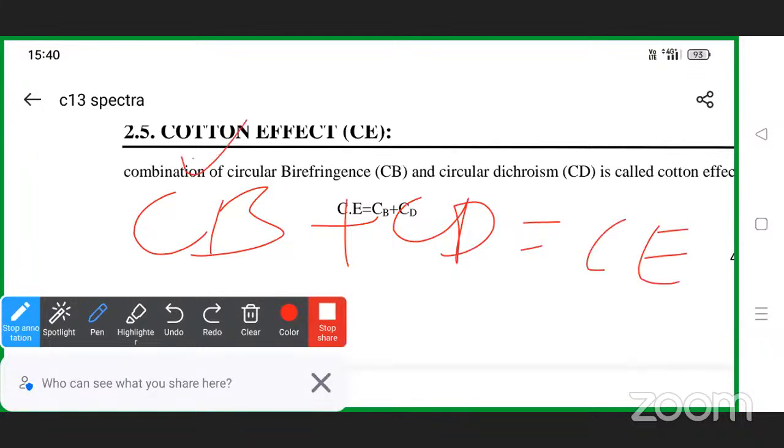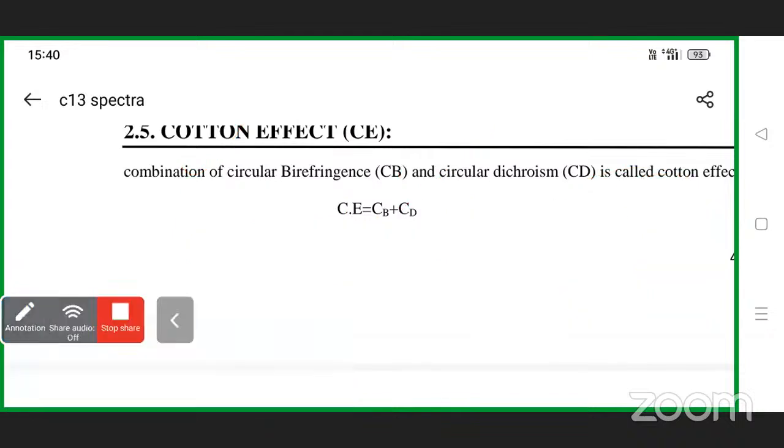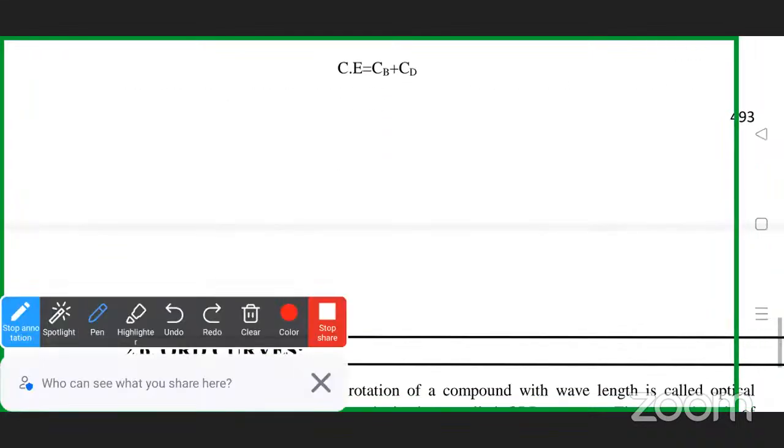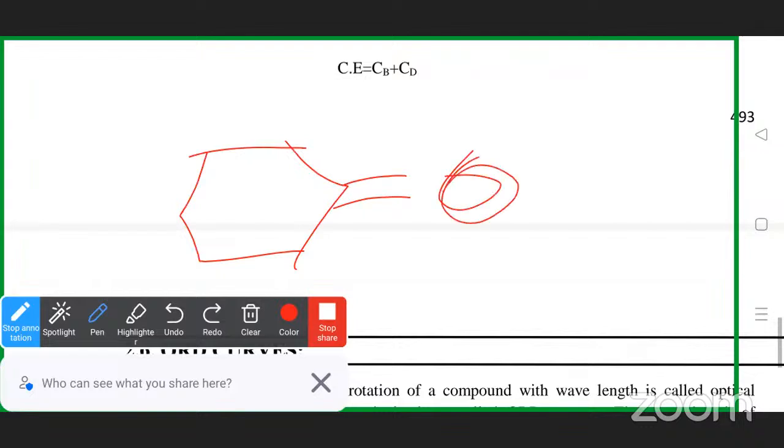CB is circular birefringence, CD is circular dichroism, and the combination of these two is called the Cotton effect. The Cotton effect has a very important application in assigning the configuration of compounds, such as cyclohexanone derivatives. To assign the configuration or conformation of the cyclohexanone, we take the help of the Cotton effect.